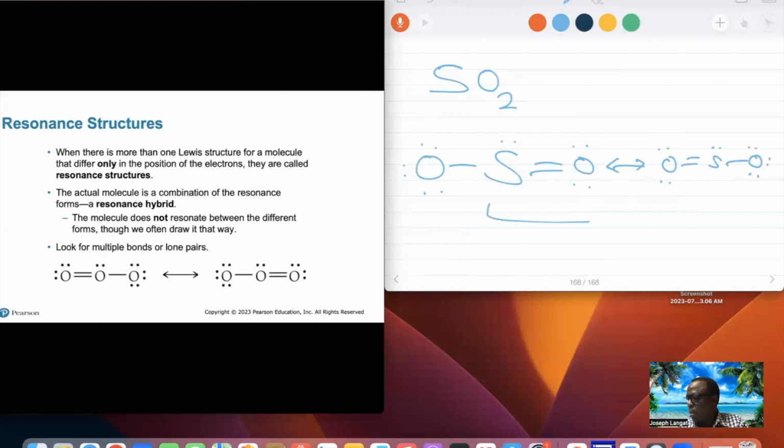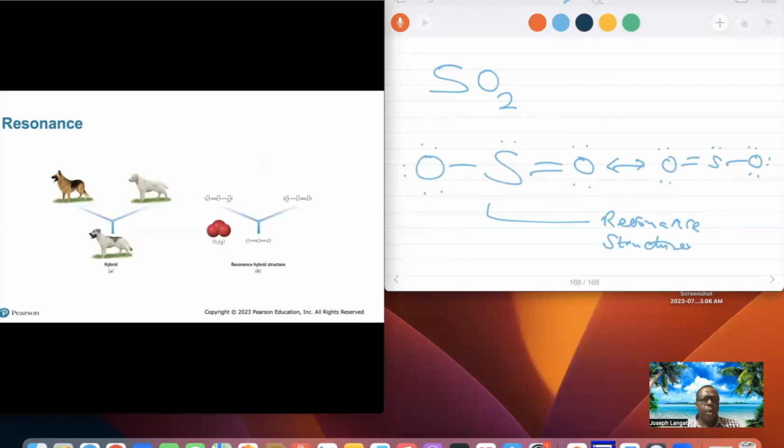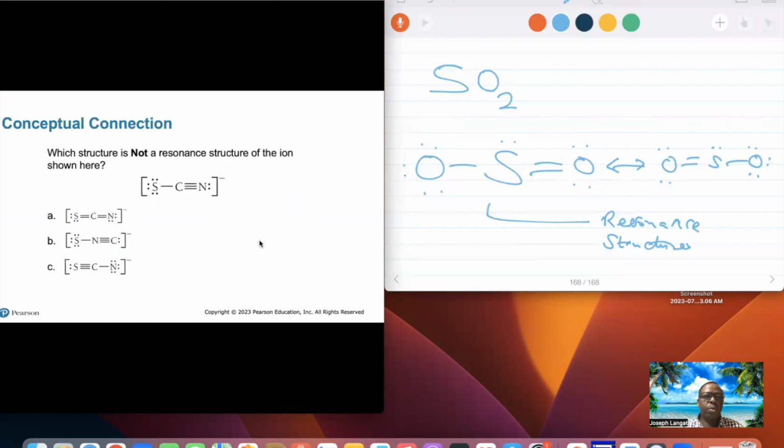These are resonance structures; they vary only by the position. The other is the resonance hybrid, using ozone as an example. The dotted lines represent the delocalized electrons on the central oxygen in ozone.